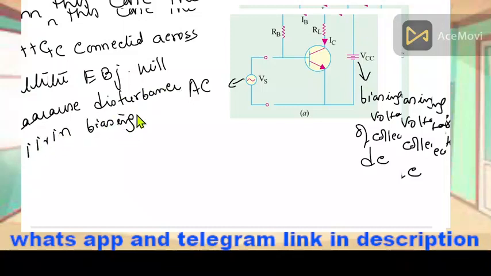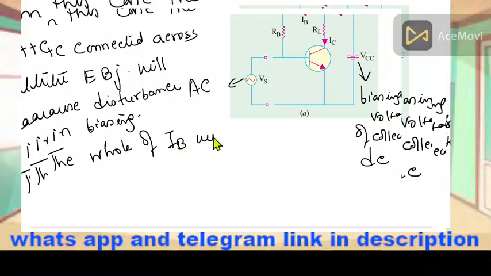How will it disturb? The whole of the base current IB will be through the AC, and since this AC is changing its polarity with time and in direction, the DC biasing will be disturbed through the AC.